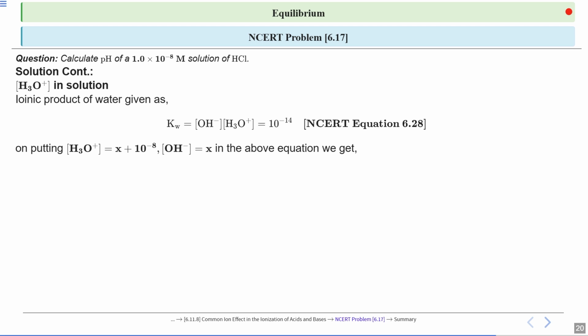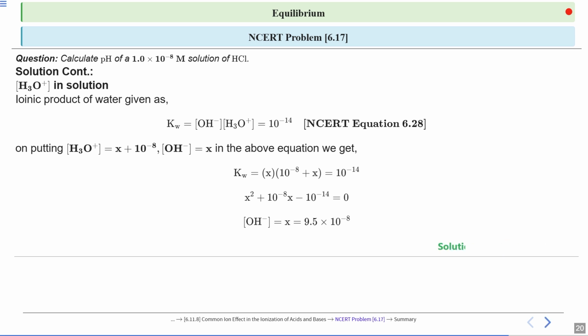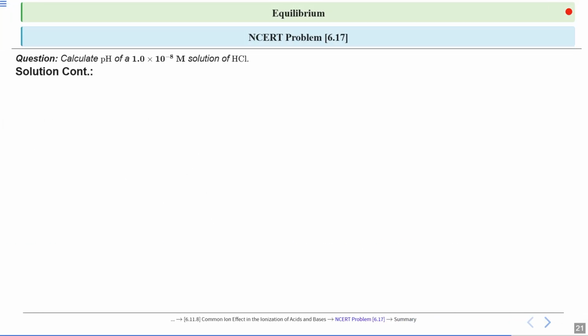Whereas the H3O plus will have 10 to the power minus 8 from HCl and X from the H2O. Further, this Kw will not change its value because it is temperature dependent. So X into (10 to the power minus 8 plus X) will be 10 to the power minus 14. If you solve this, you will get a quadratic equation. If you calculate this, you will get X as 9.5 into 10 to the power minus 8. Right? So this is for OH minus.